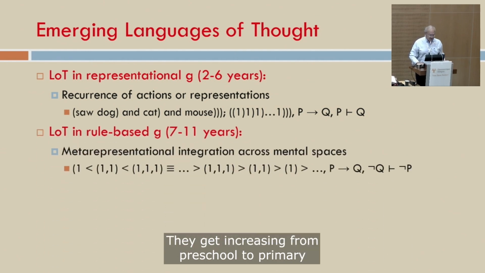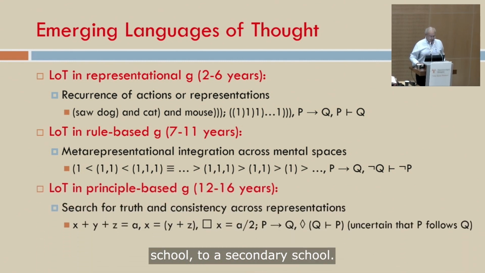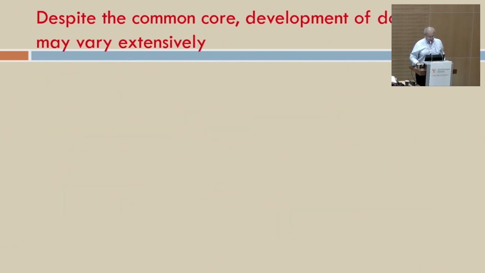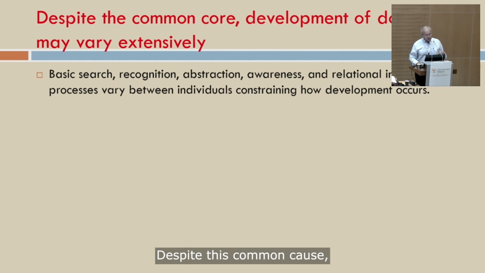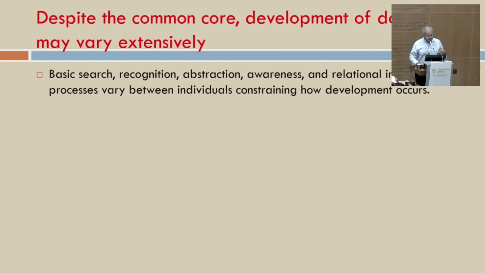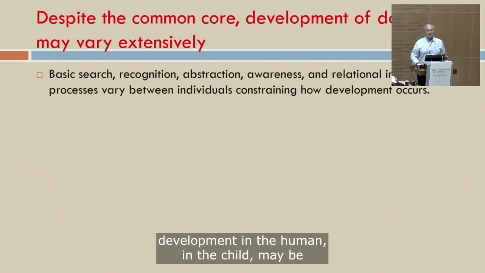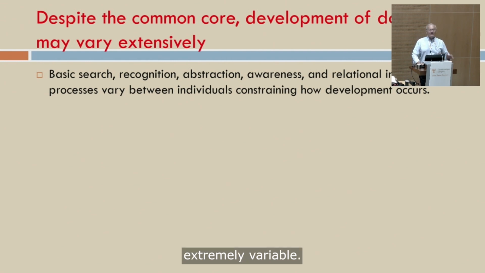They get increasing from preschool to primary school to secondary school. Despite this common course, development in the child may be extremely variable.